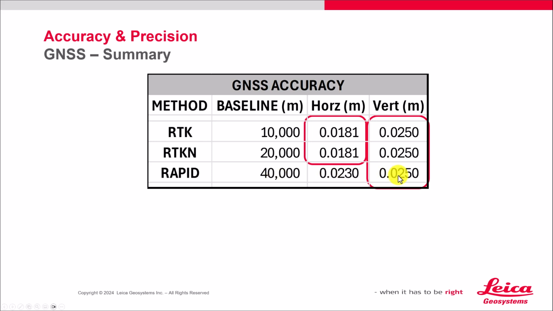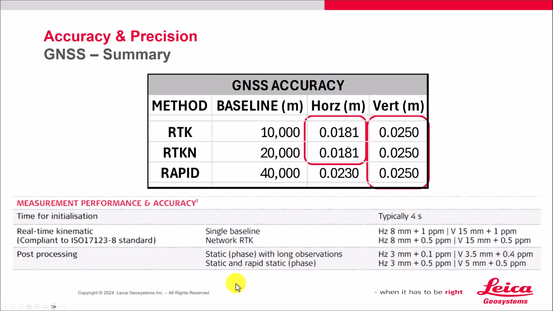Because of the static parts per million and constant error, all these different baseline lengths come out to be very similar: the same vertical error, and the 10 and 20 come out to be the same horizontal error. Why is that? Again, that is because of the 8 millimeters, 15, 8, and 15, plus the parts per million.